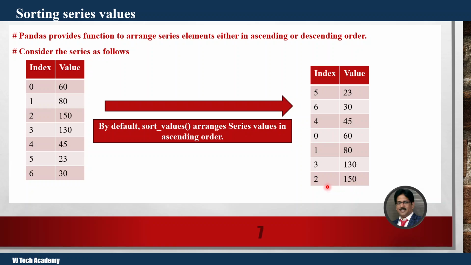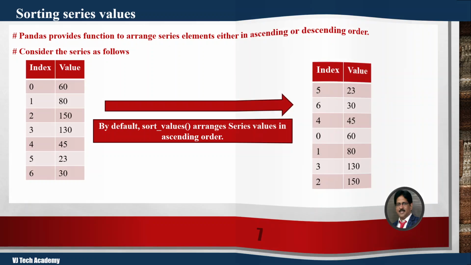You see, though the position of these elements has changed, the index will not change. 23 here is at index 5, so here also we are seeing the index is 5. This will not change. Don't think that this will become 0. Got it? So we do it practically also.